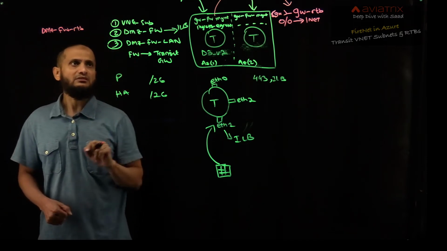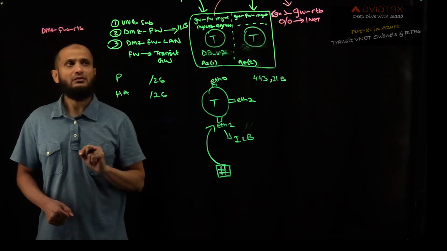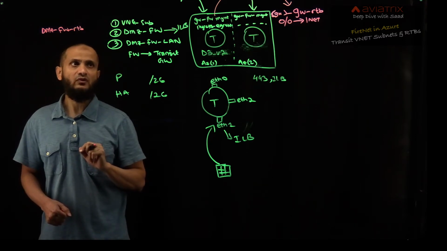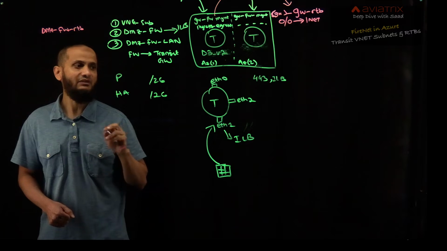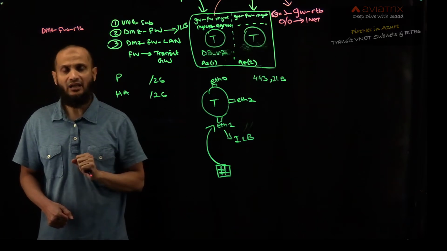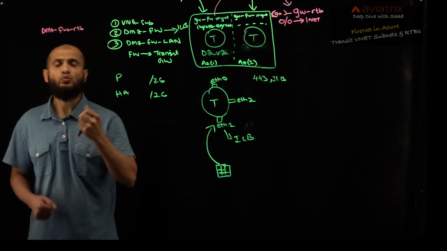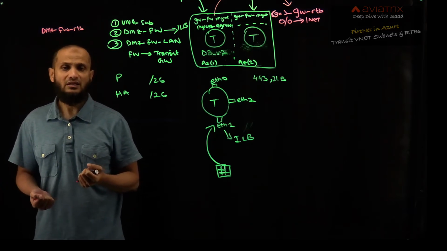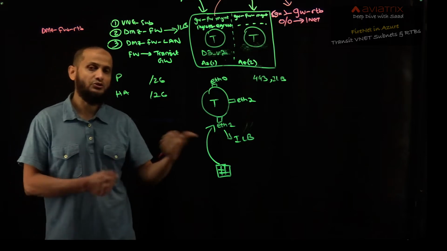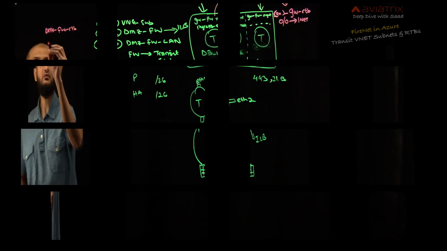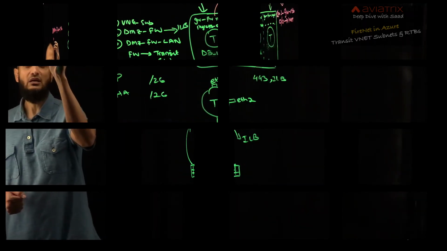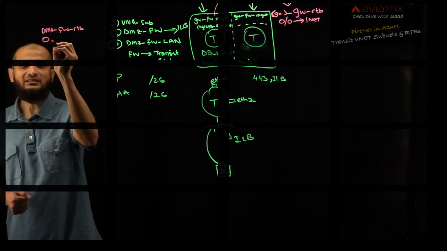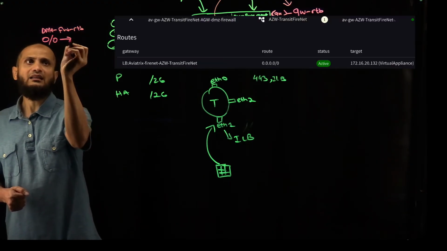As I explained previously, this is the subnet which is responsible for the communication between the Aviatrix Transit FireNet and the load balancer. So once the traffic is received by the Transit FireNet gateways, then we are going to send the traffic over to the load balancer. So here you will see quad 0 pointing towards the ILB.